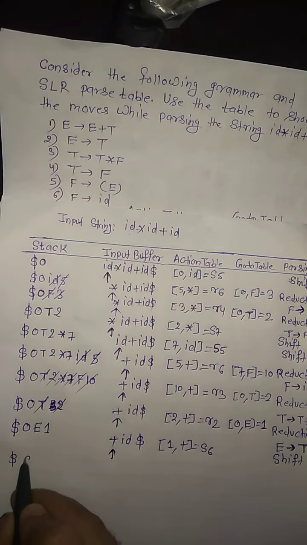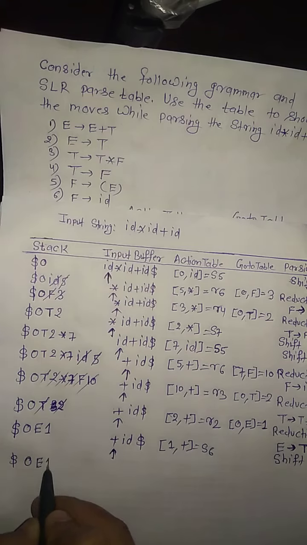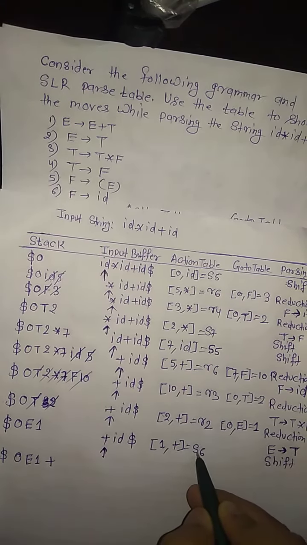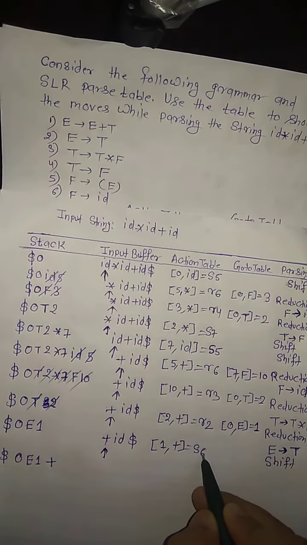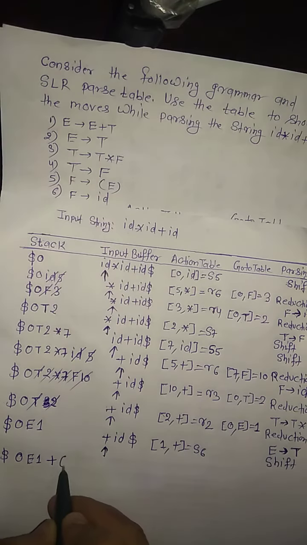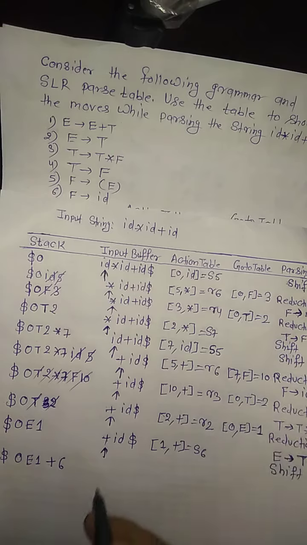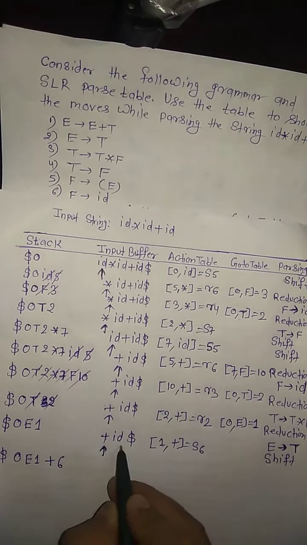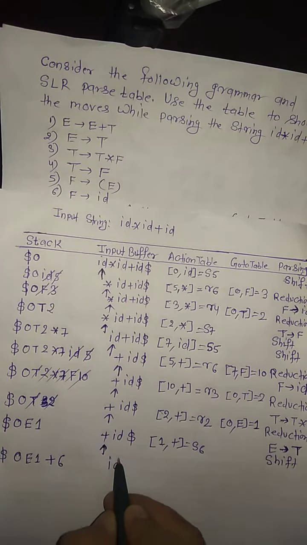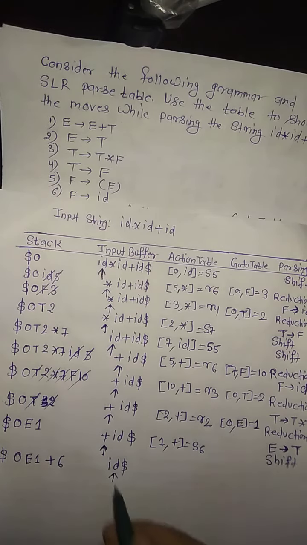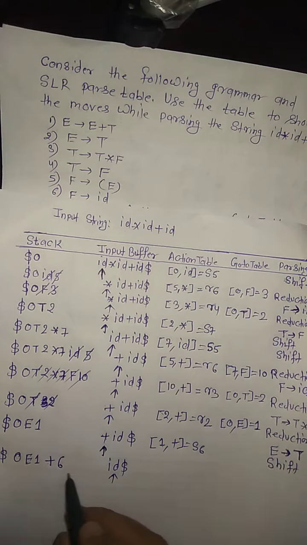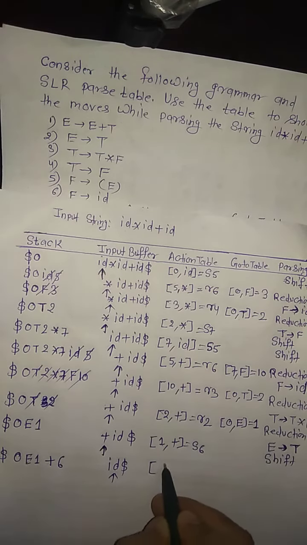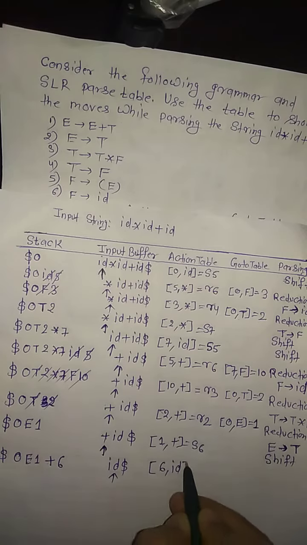So dollar 0 E 1 and plus, and S6 means you also shift the 6 on the top of the stack, so plus and 6. After shifting, this pointer moves to the next symbol of this string, so the next symbol is id.